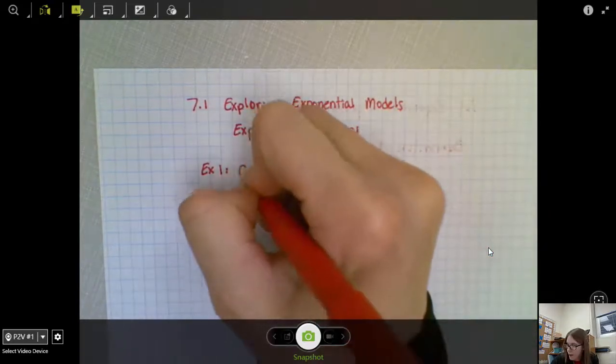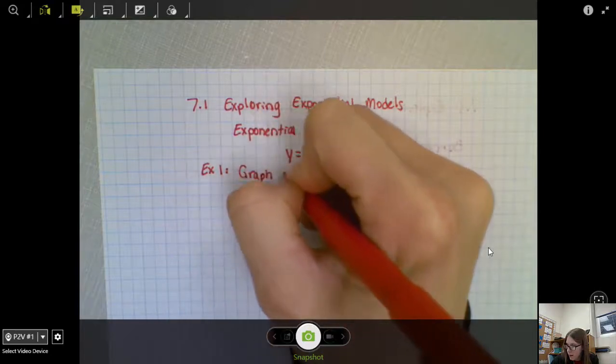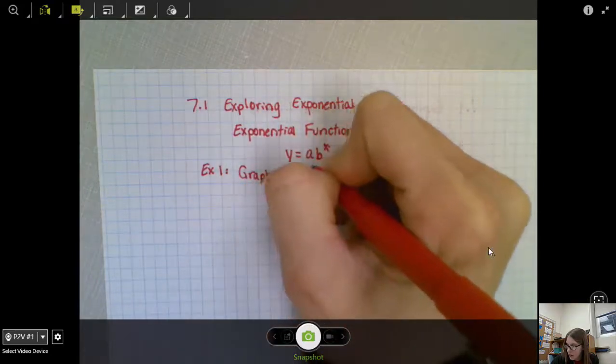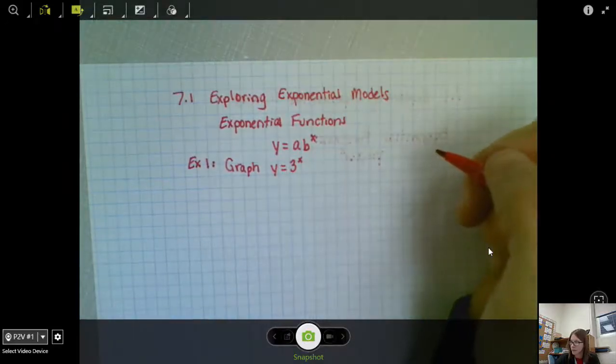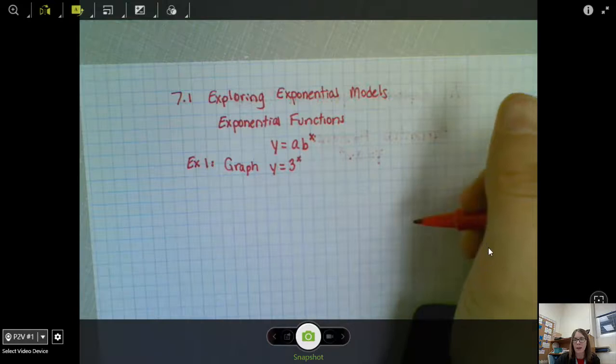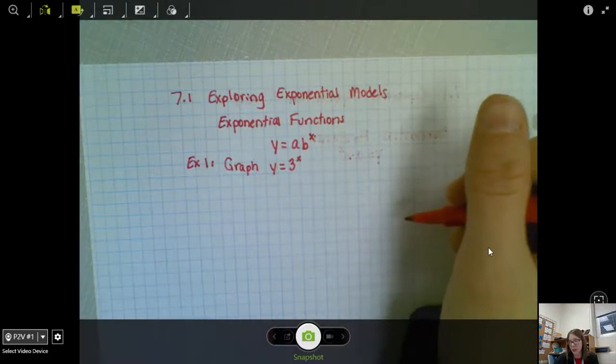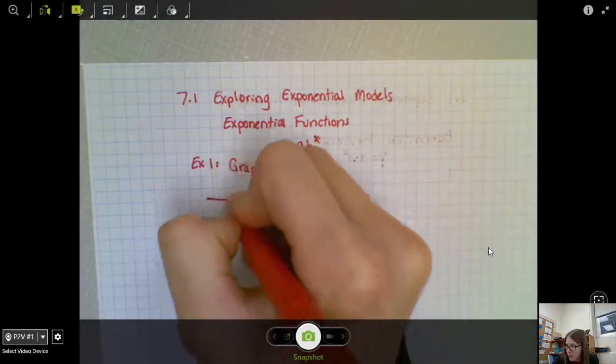Let's graph y equals 3 to the x power. In order to see what this looks like, let's make a table of values.